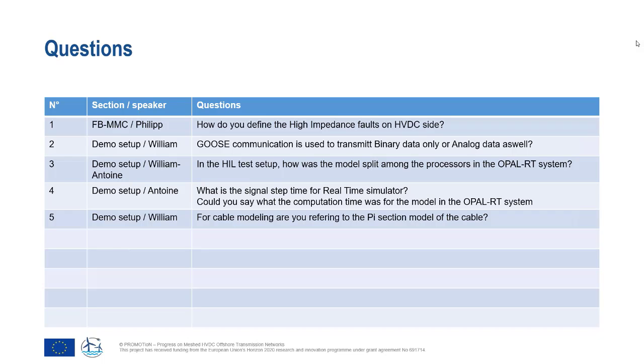GOOSE communication is only for binary data. Analog is used with sample values, so it's measured values. Actually, it's not an analog signal. It's a digital signal because we're still using Ethernet to transmit sample values.